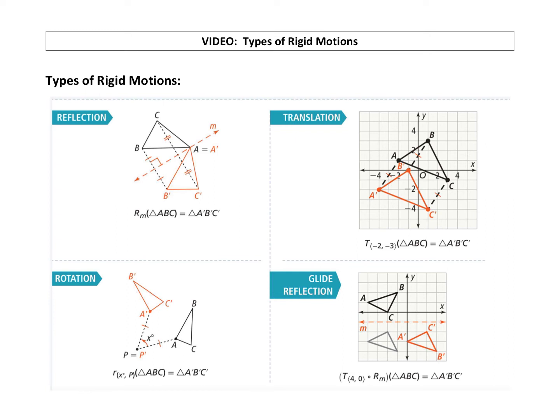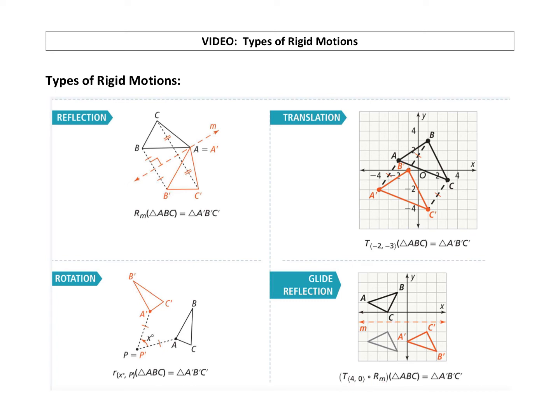All right, in lesson 3.4, we learned about glide reflection. Glide reflection is a composition of 2 rigid motions, a translation and a reflection. The order of these doesn't matter, but it's one of each. Just a reminder about compositions: you can see the translation is written first and the reflection is written second.